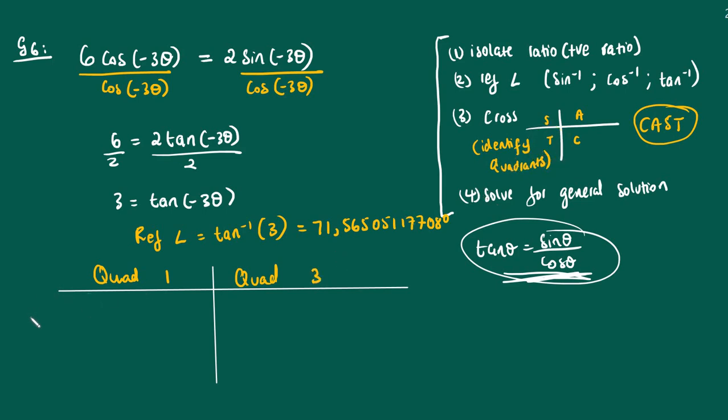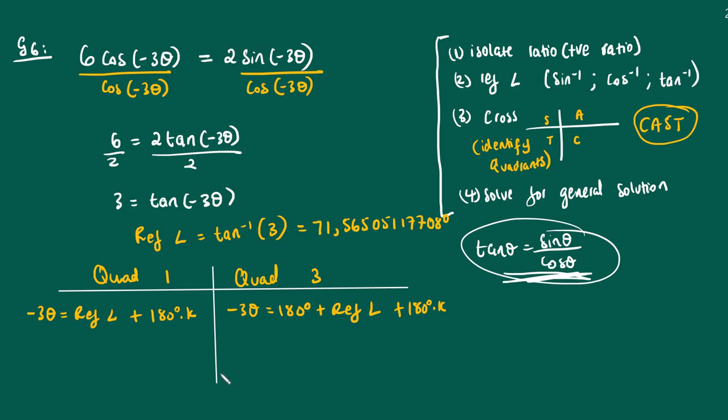So in quadrant 1, you're going to say negative 3 theta is equal to the reference angle plus 180 degrees times k, and then here you'll have 180 degrees plus the reference angle, because in quadrant 3 it is 180 plus, right? Then plus 180 degrees times k.